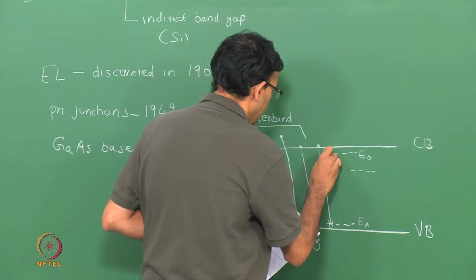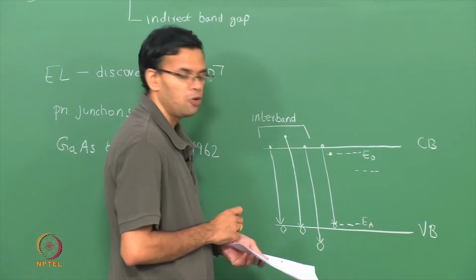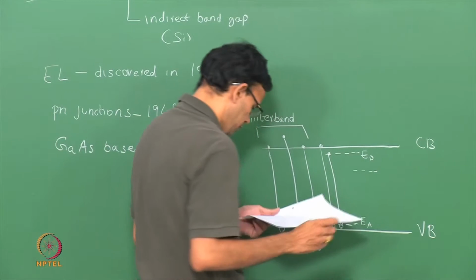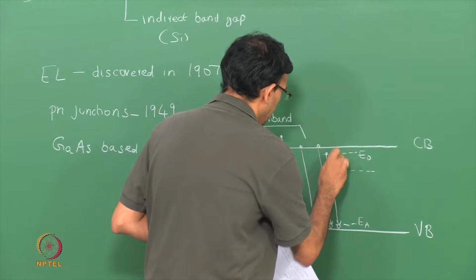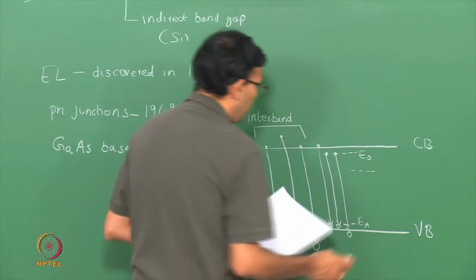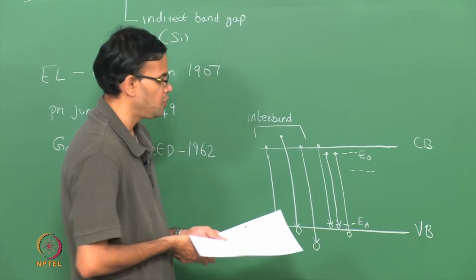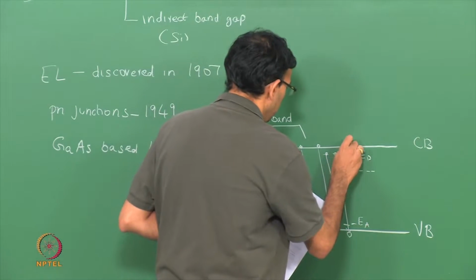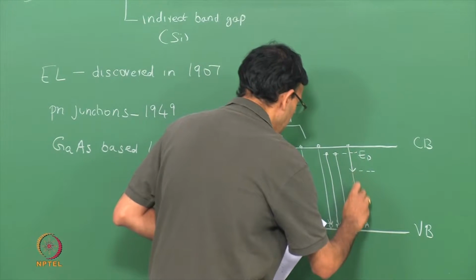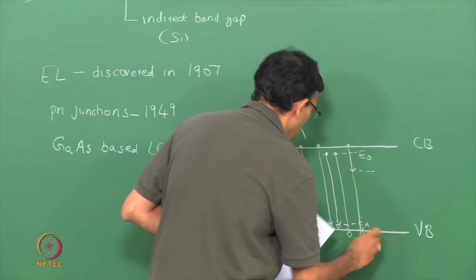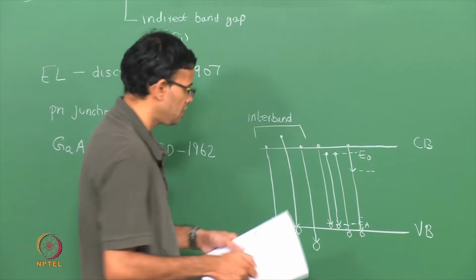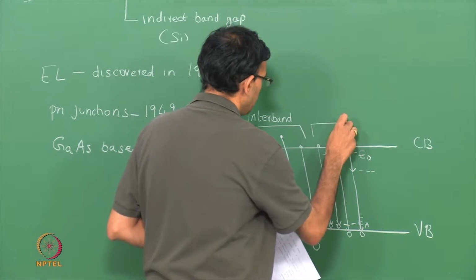I could have an electron in my donor state recombining with a hole in the acceptor state, or I could have an electron in the donor state recombining with a hole in the valence band. And sometimes you can have transitions where the electron gets trapped in a deep state and then recombines with a hole. So, all of these transitions which involve some sort of defect states are called your defect transitions.